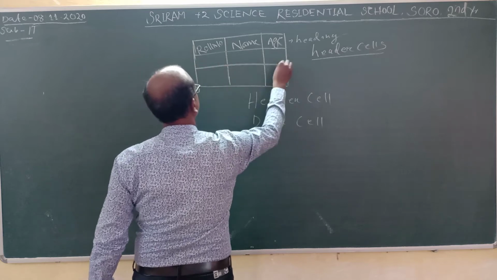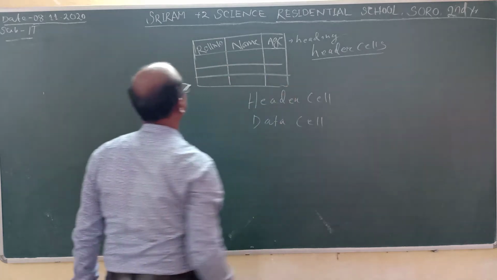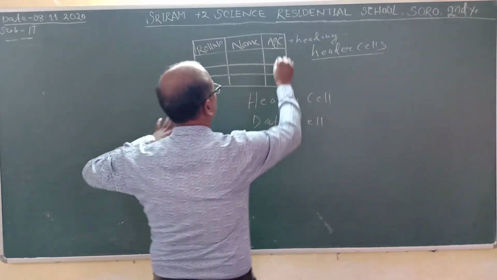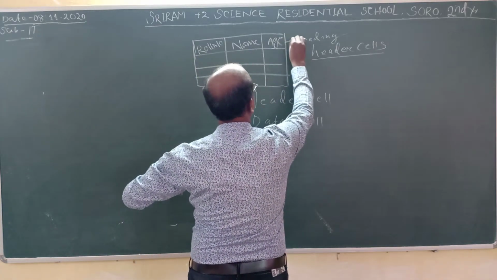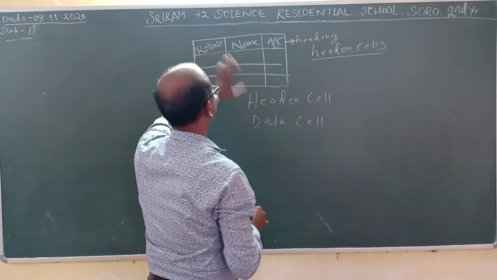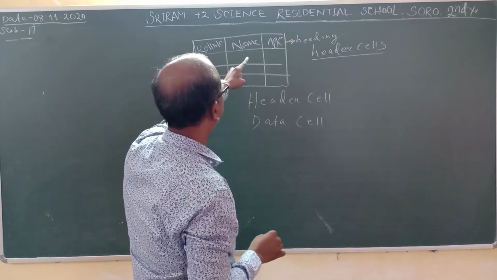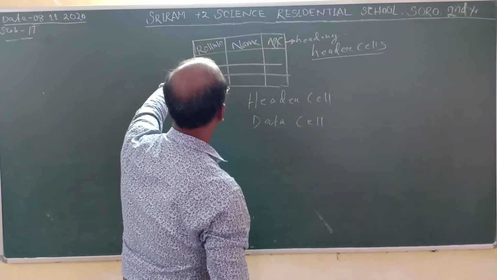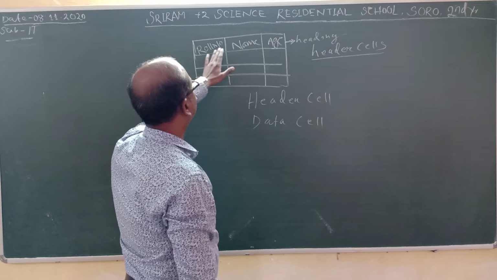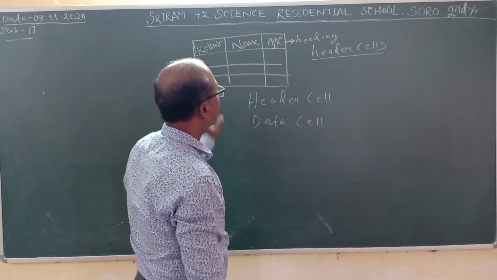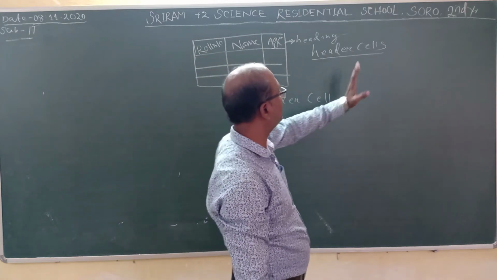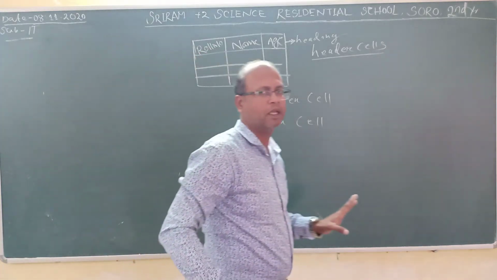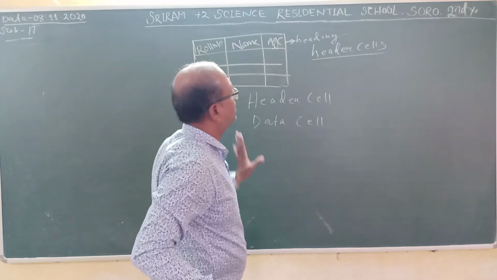So roll number, name, and age are the header information, and this header information is stored in the 3 header cells, and that collection of 3 header cells in a horizontal format is known as the heading of the table. Clear? So this is the heading part.